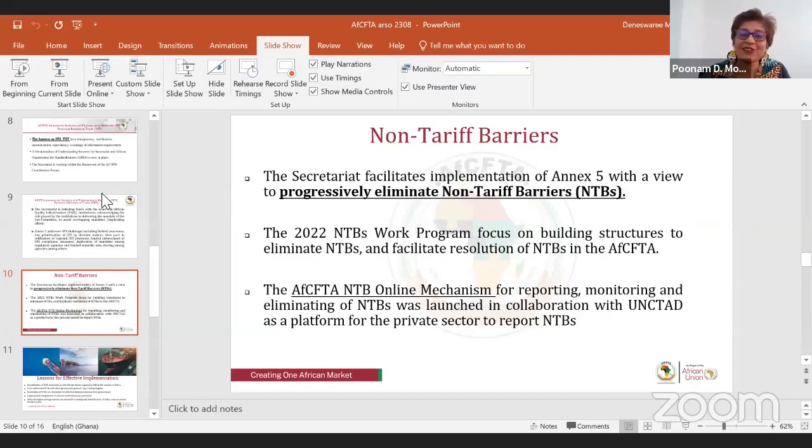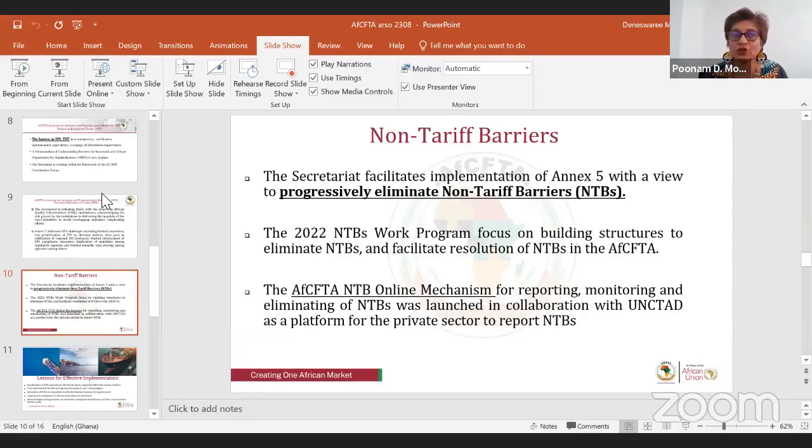This is a slide on non-tariff barriers, because I heard some of you mention them. I must say that the Secretariat here is also facilitating implementation of one of our annexes, Annex 5, which aims to progressively eliminate non-tariff barriers. That includes non-tariff barriers in all sectors, including pharmaceutical trade.